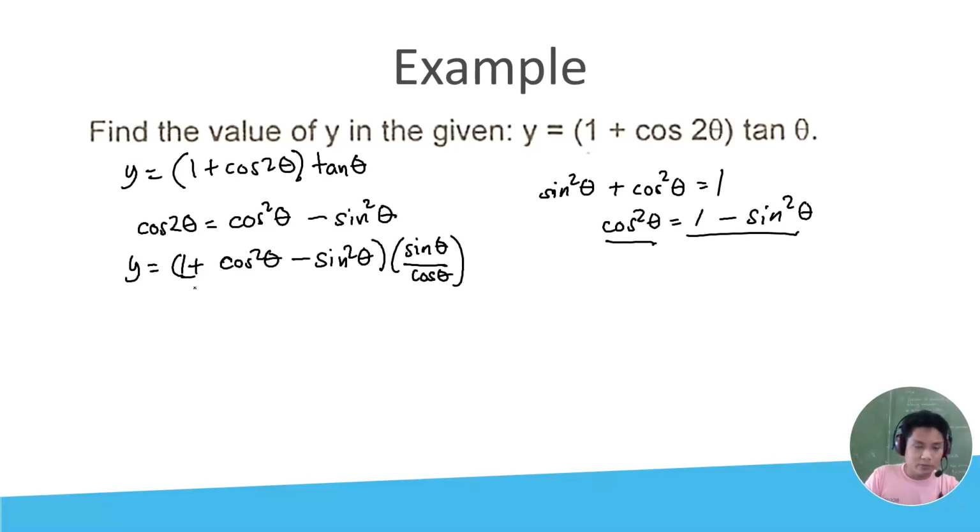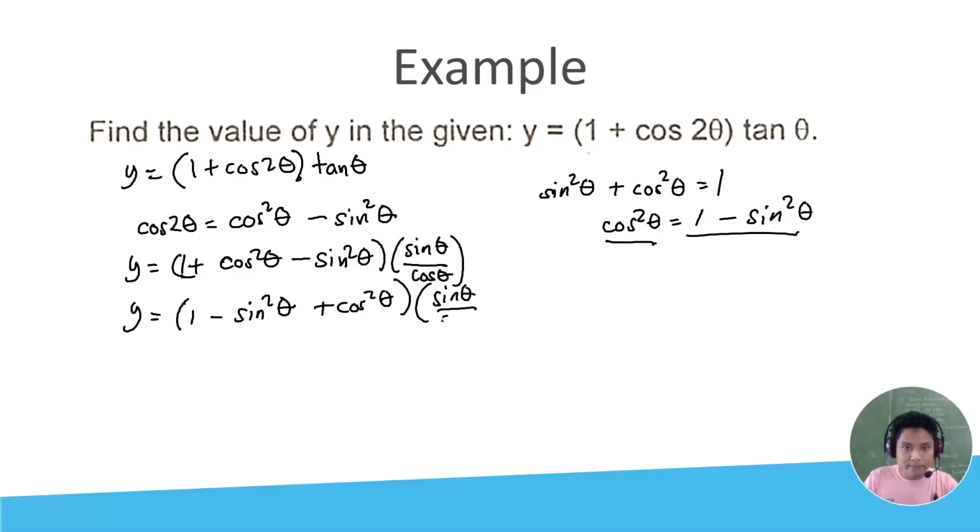So if I will rewrite the equation, right? It's the same, the 1 minus sine squared theta plus cosine squared theta. So this is just the same here. I just rearranged it. Okay?